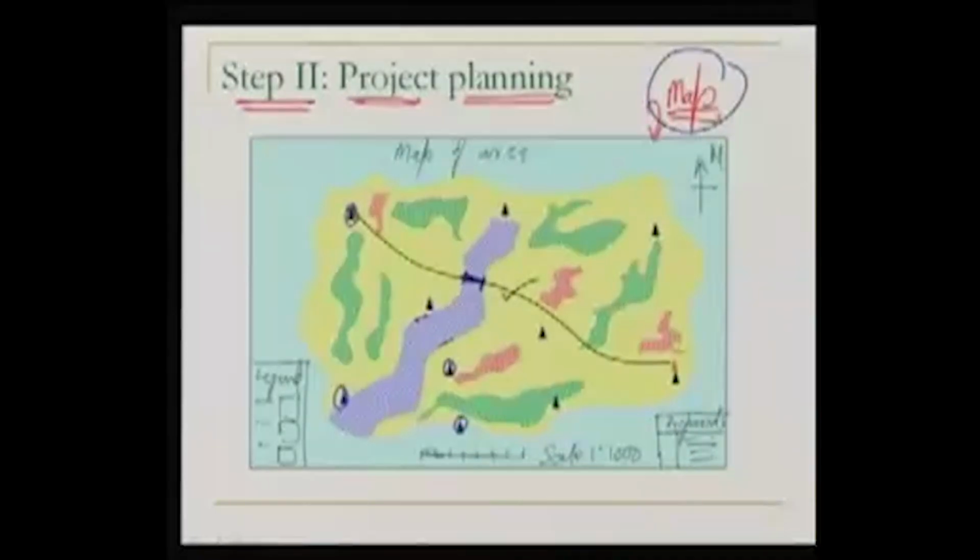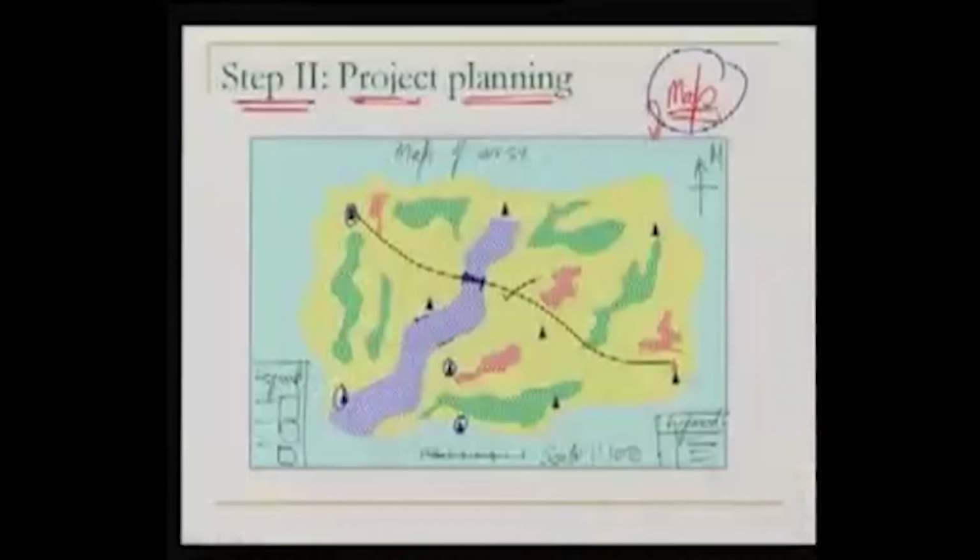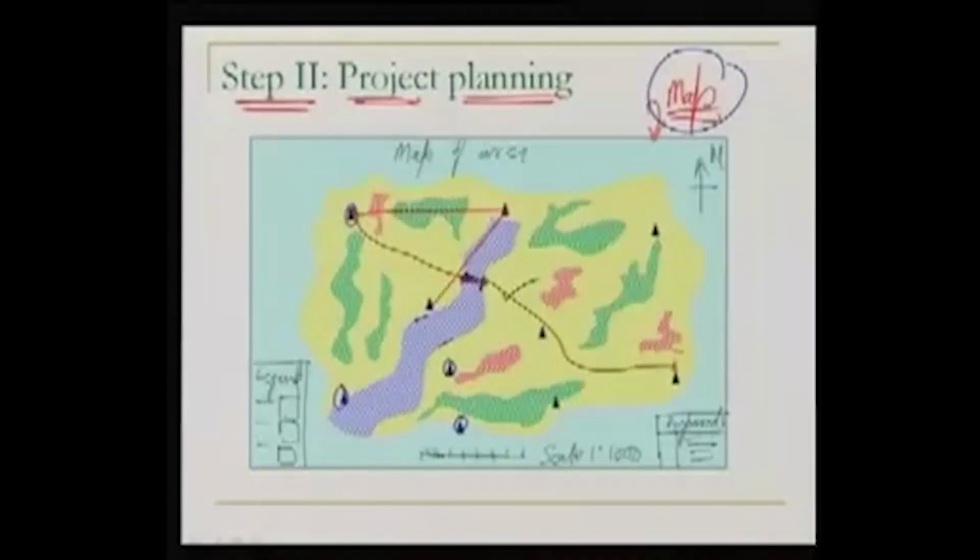So what we will do here, they are on the map with respect to these control points. We will try to find where our project is. For example, if there are some points on my line, let us say the road which was planned finally along with the bridge, and we want to now locate some of the points of the road there on the ground.